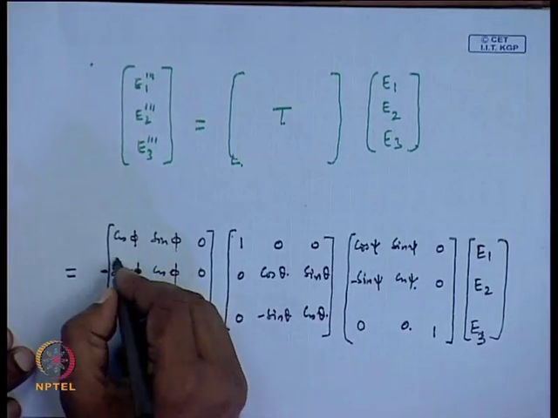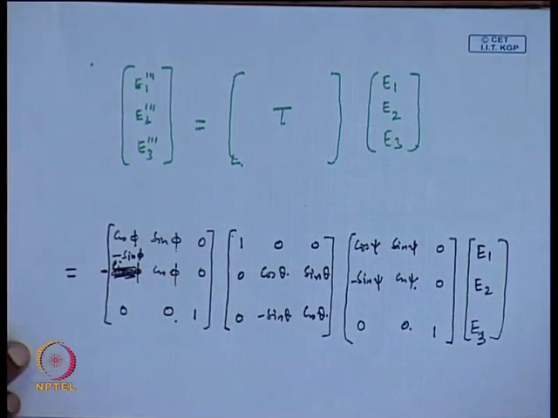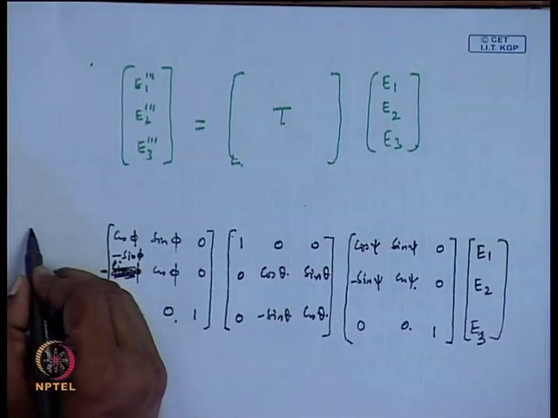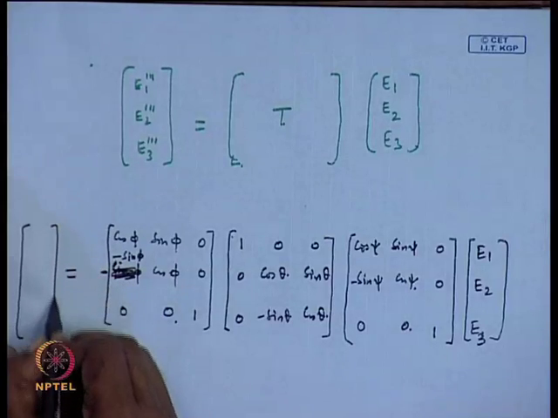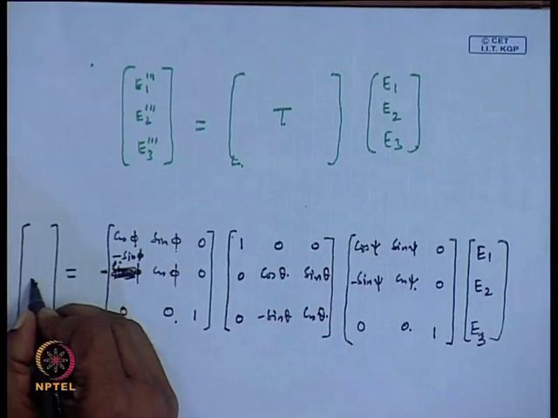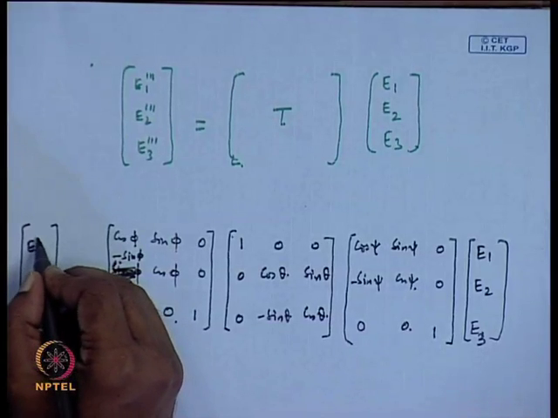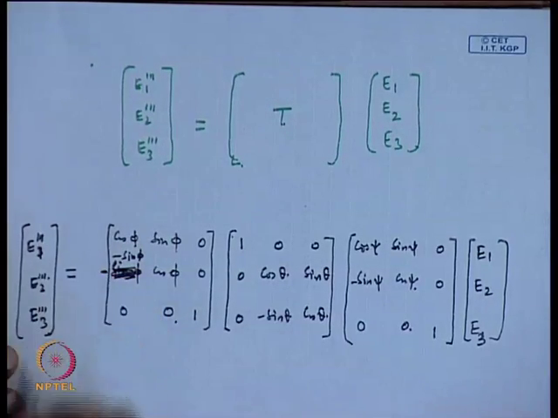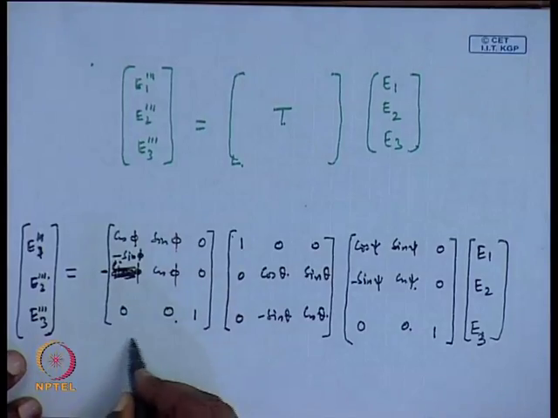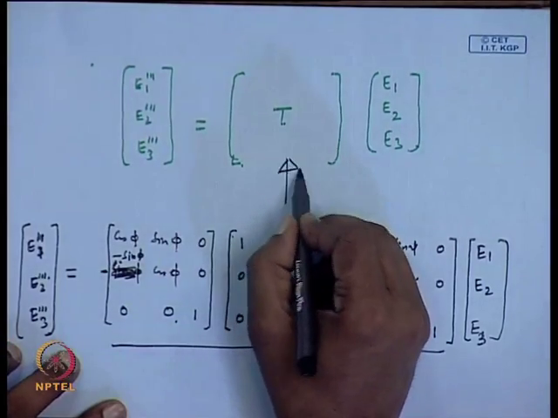Okay, so this gives you the final vector, which is E 3 triple prime, E 2 triple prime and E 1 triple prime. And once you multiply this, this is the total transformation that I was looking for.